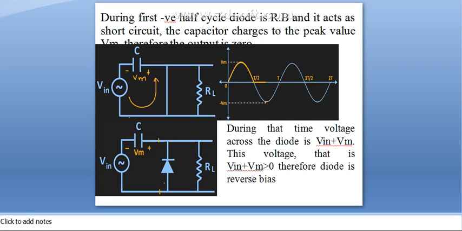If the diode is short circuited, then the capacitor charges to the peak value Vm, and the output is 0. At that time the voltage across the diode is Vin plus Vmax, which is greater than 0. Therefore the diode is reverse biased.